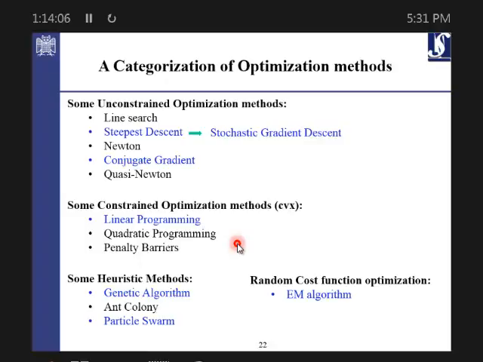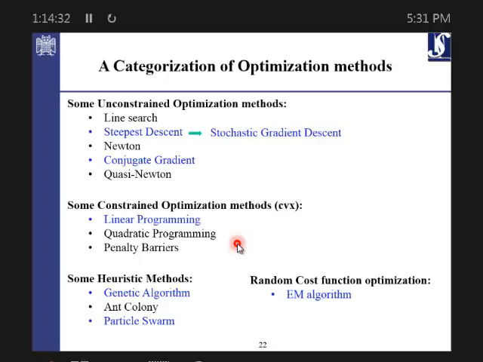Then we have conjugate gradient and quasi-Newton methods. These were developed to address problems that normally occur with Newton's method. They came up with remedies like conjugate gradient, to make it faster and not get stuck at some point where the algorithm stops and cannot go further.